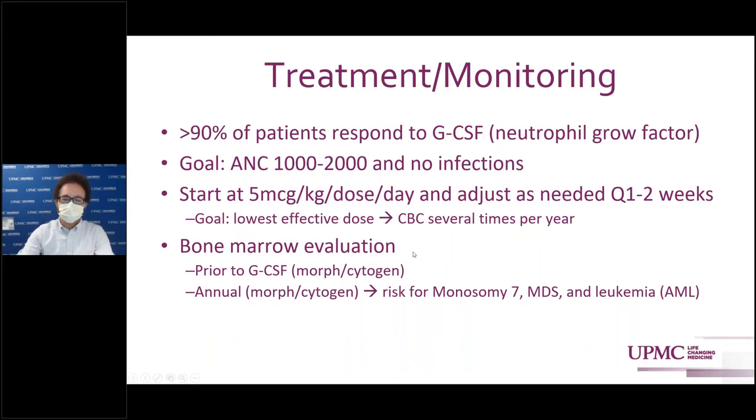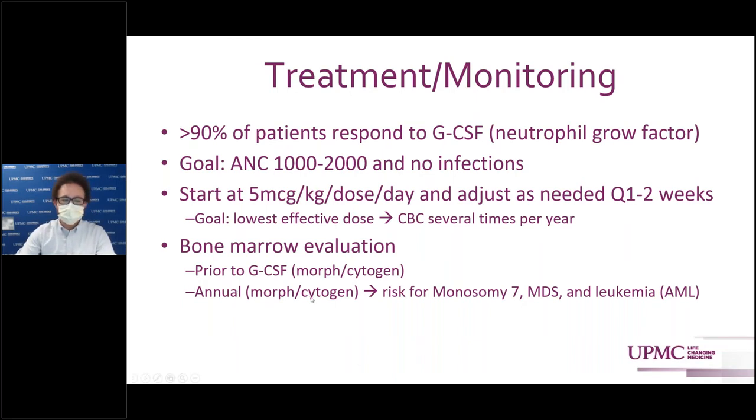Like I mentioned, it's important to follow the bone marrow in these kids. Typically, the initial one, if possible and clinically safe, we'd like to get that first one before trying GCSF because that can change the structure of the bone marrow essentially, and would potentially muddy the waters in some of the diagnostic aspects.